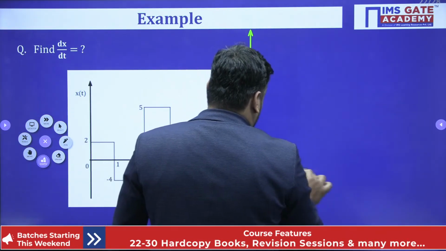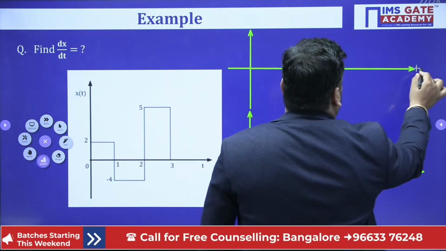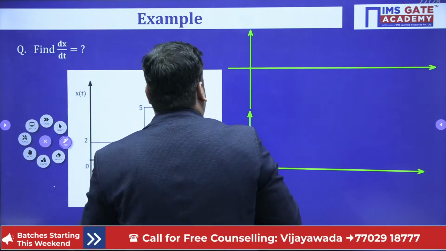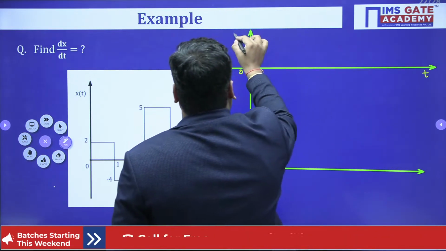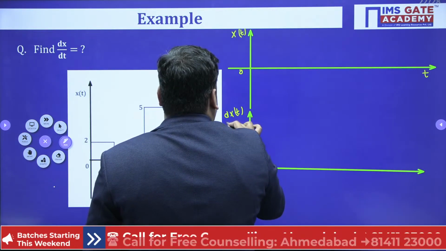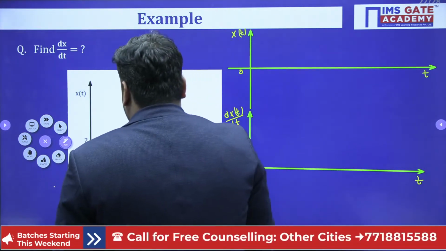Why making two diagrams? Because I need to differentiate just below this. So that is why you should try. Meanwhile, you should try, guys. Here the time axis is t. This is my x(t). This is my dx(t) upon dt with respect to time. So 0, 1, 2, 3.